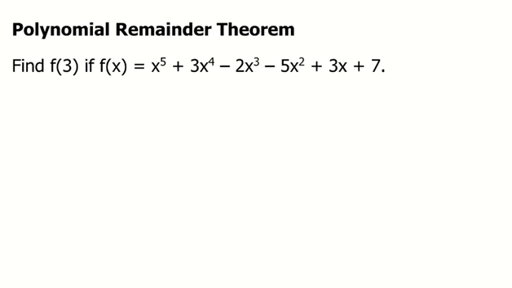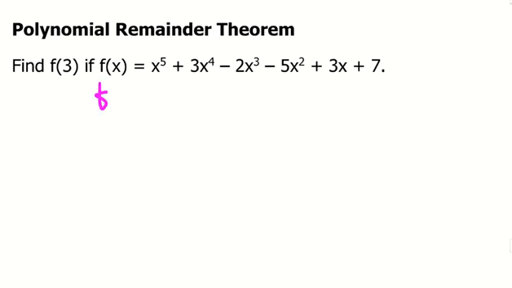So if f of x is x to the 5, 3x to the 4, negative 2x to the 3, negative 5x squared, 3x, and 7, how would we find f of 3? What do I do? Yeah, plug in 3 for x. And then you're probably going to want to use a calculator.